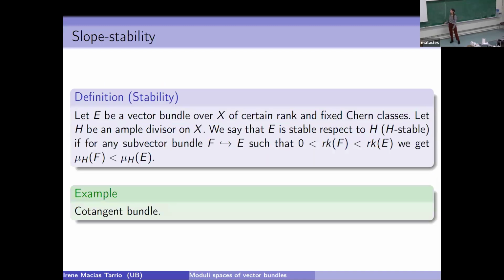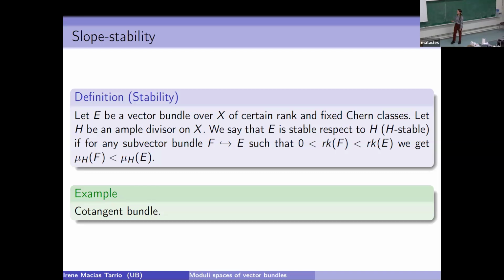Okay, so the stability condition, the definition of a vector bundle to be stable, is given by this function. We have this vector bundle of rank R and Chern classes, and we fix an ample divisor. We say that this vector bundle is stable with respect to this divisor if all the subbundles P of E, with different rank and non-zero, have the value of this function less than the value of the function of E. So this is the condition that we want our vector bundles to have.